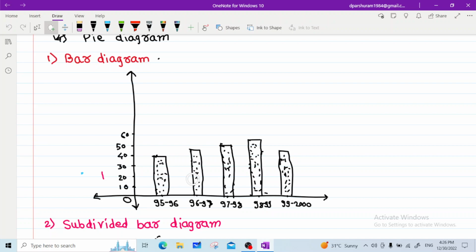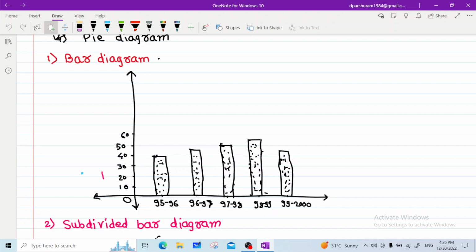Same for year 96 to 97, their production is 45. For year 97 to 98, their production is 50.